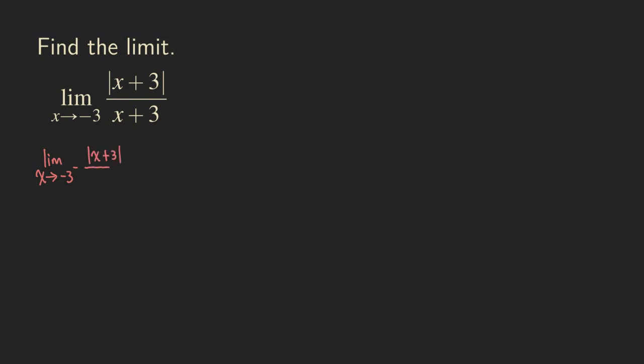So I'm just going to copy the whole function down, so we have x plus 3. Okay. Now, when x is approaching negative 3 from the left side, that's really just saying that x is less than negative 3 right here, right? It's not exactly negative 3. It's getting closer and closer.